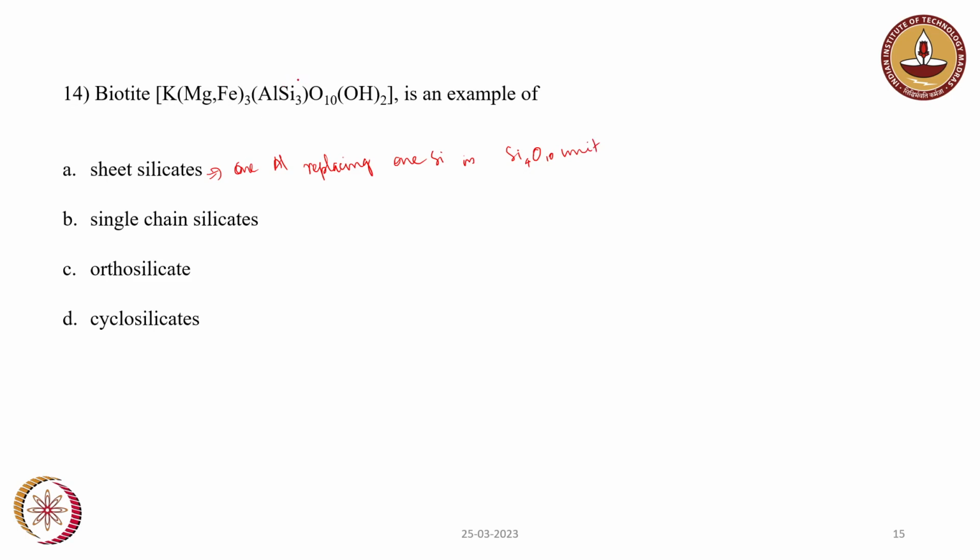So if we replace Al by Si, then it's Si4O10. So one aluminum is replaced from Si4O10. So it's a sheet silicate.